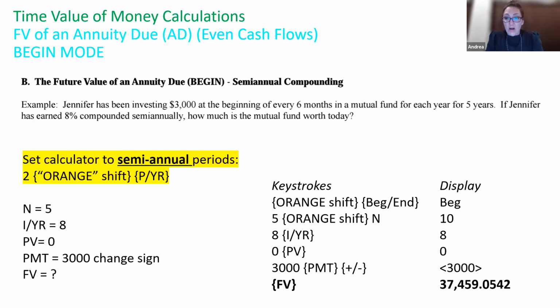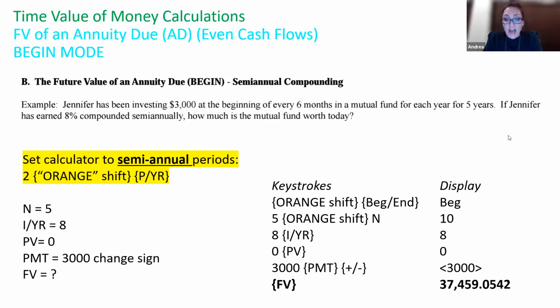All right, so I need to move this out of my way so I can see. Okay, so our calculator needs to be set to beginning mode because this is an annuity due, meaning she was saving at the beginning of the time period.